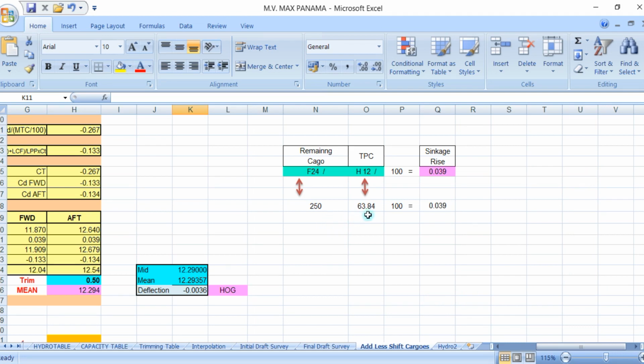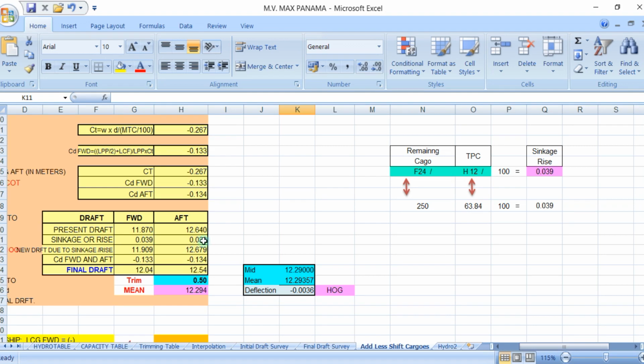Divide by 100, and you get a value of sinkage or rise of 0.039, which is this one. So you add this one, then you add your change of drop forward, change of drop aft, and you get a value of this one. Okay, so this will be your change of drop forward and change of drop aft with this one.